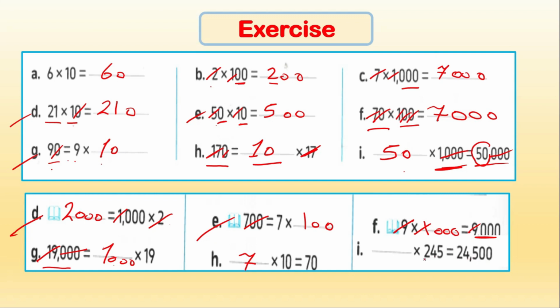Very easy. 245, the rest is 2 zeros, it means 100, because 1 times 245 equals 245 and drop 2 zeros. Got it?